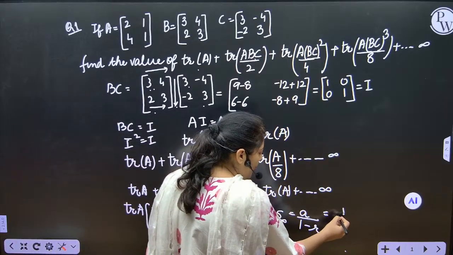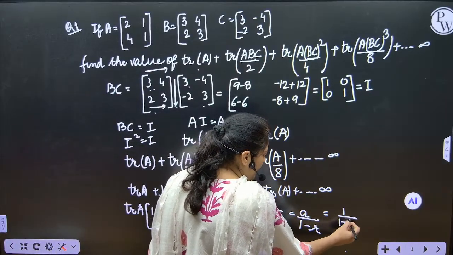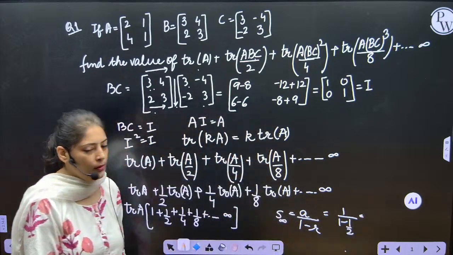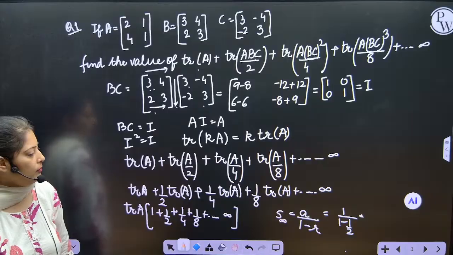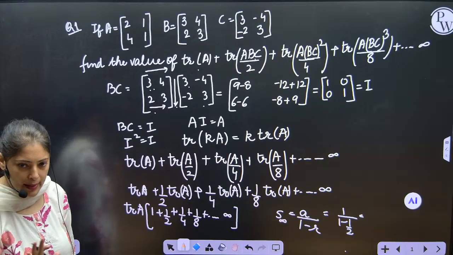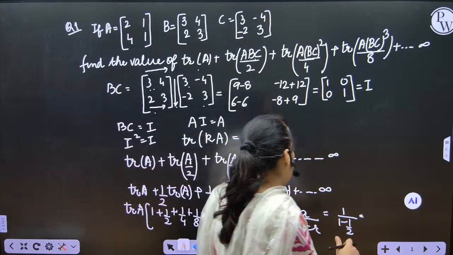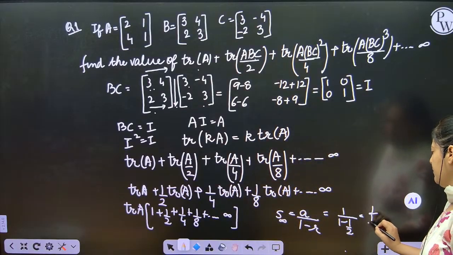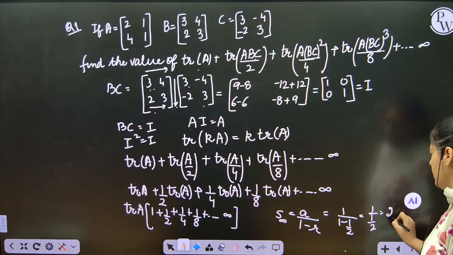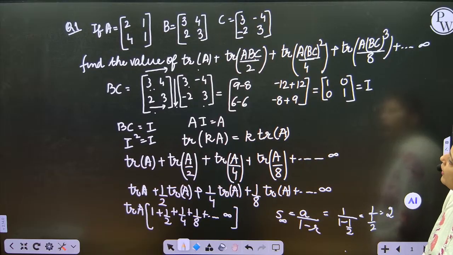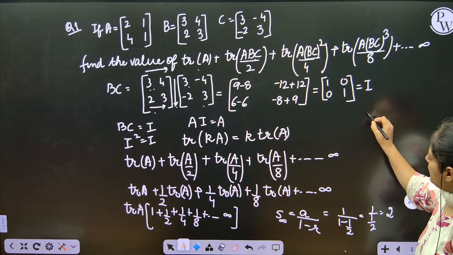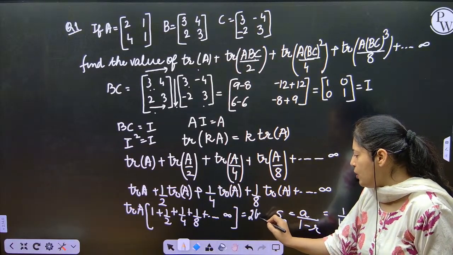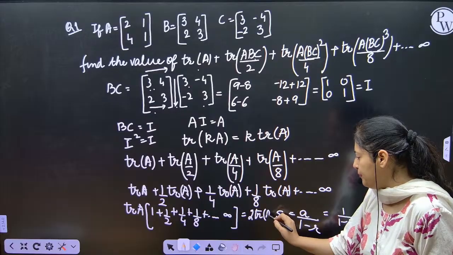So this is 1 upon 1 minus 1 by 2. Of course, trace of A is already there, that I'll find. So 1 upon 1 by 2 will come out to be 2. Now this full term has come out to be twice of trace of A.